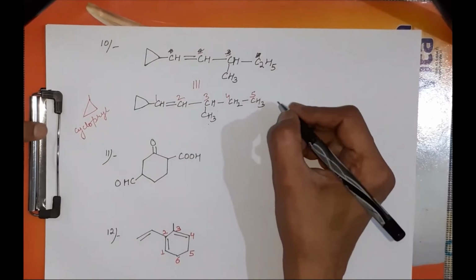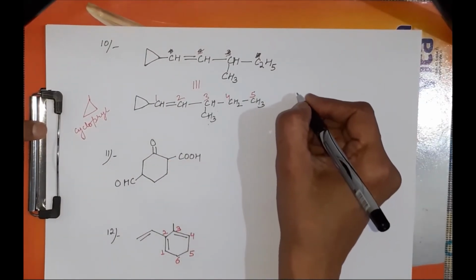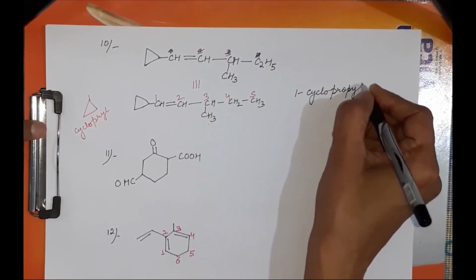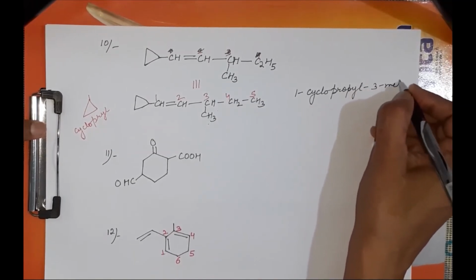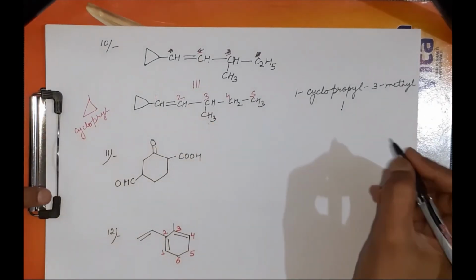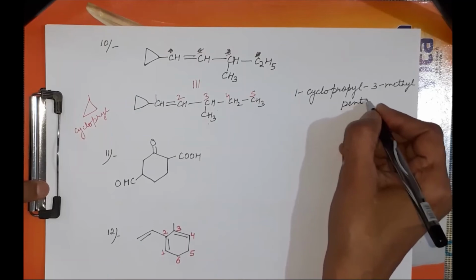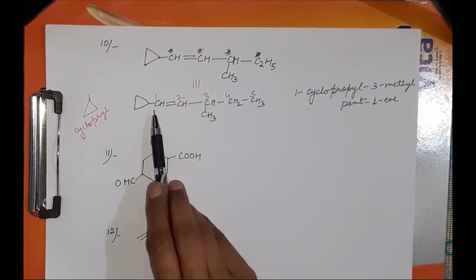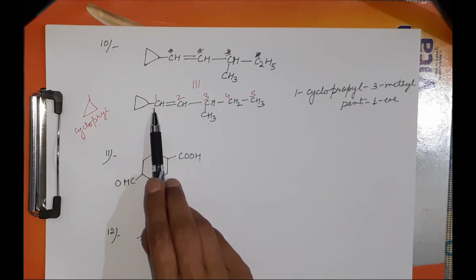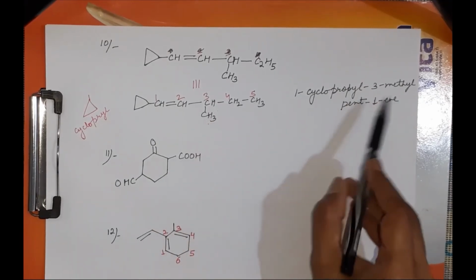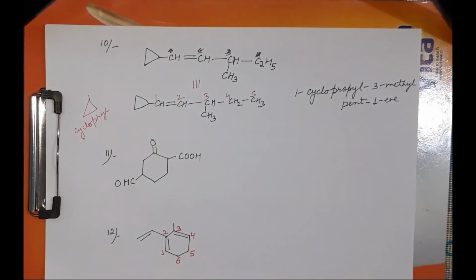So the name will be, first cyclopropyl will be written: 1-cyclopropyl, 3-methyl, pent, 5 carbon atom parent chain, pent 1-ene. While numbering will be from left to right, number 1 carbon has 1 cyclopropyl ring as a substituent. So 1-cyclopropyl 3-methyl pent 1-ene. This will be the name.